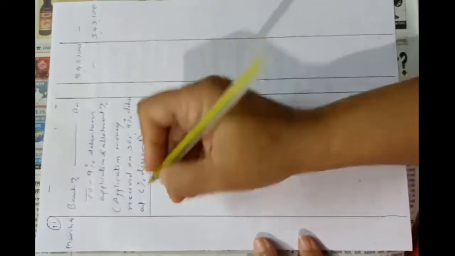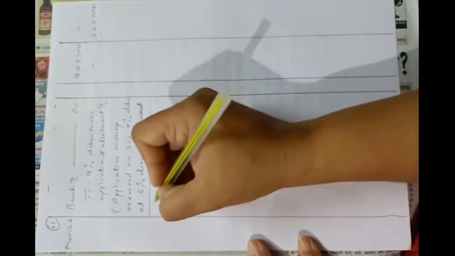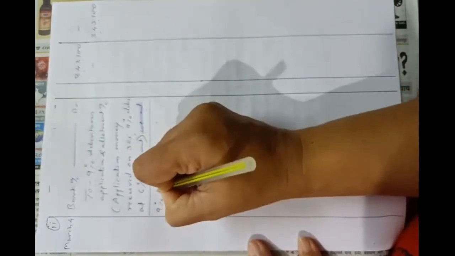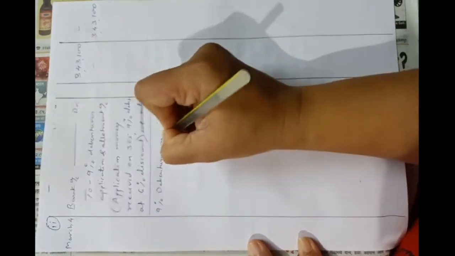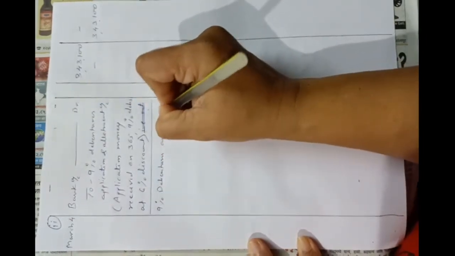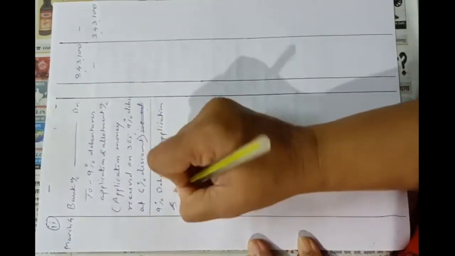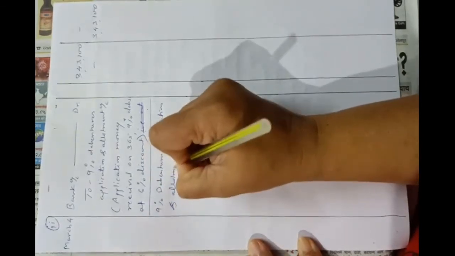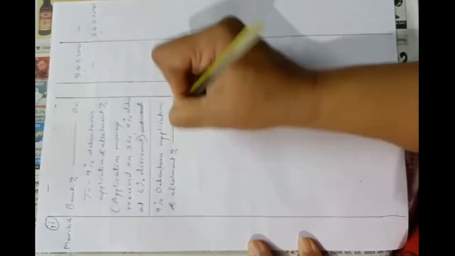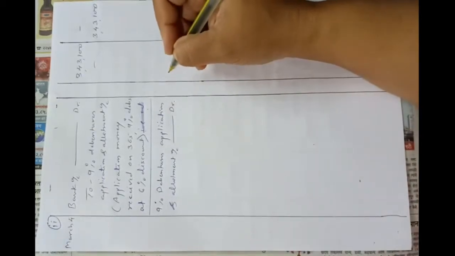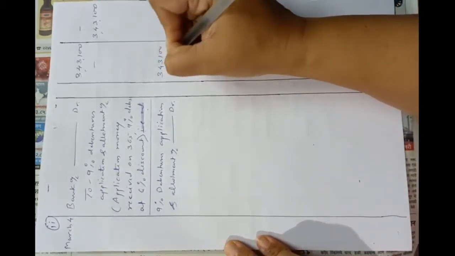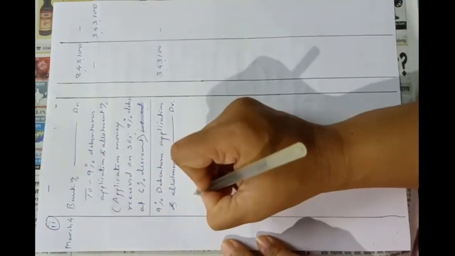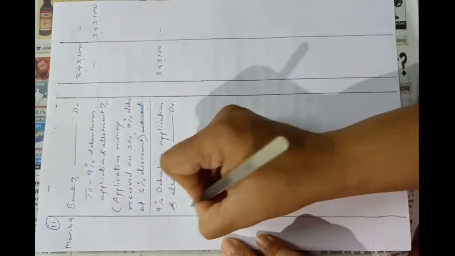Okay. So second entry will be debenture application and allotment account debit $3,43,100. Okay. Now loss on issue of debentures account debit.